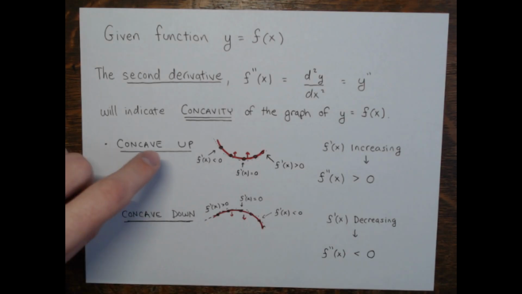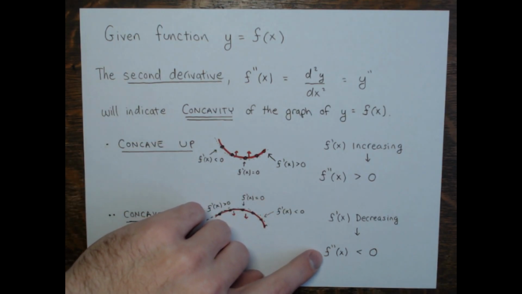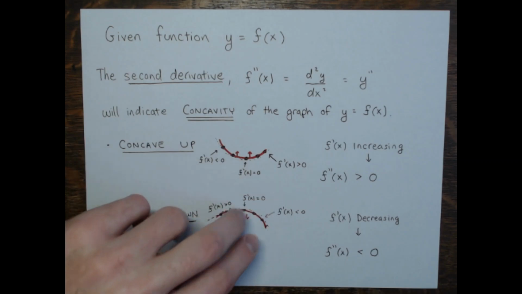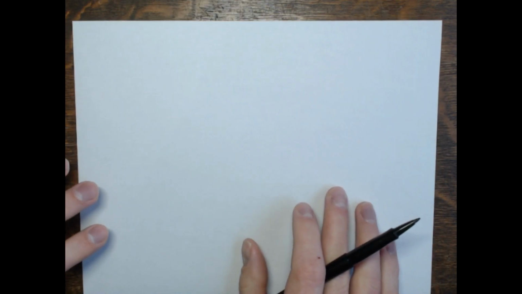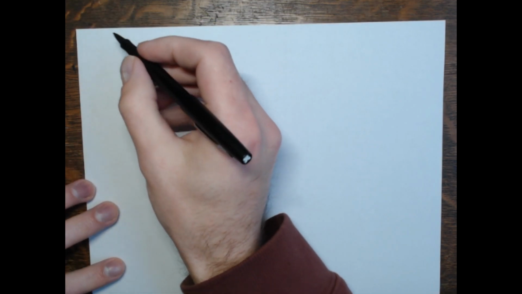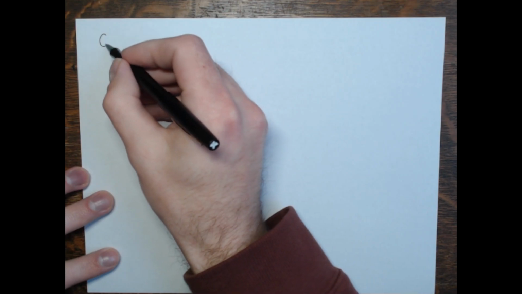All right. So now these two cases are where you have a positive second derivative or a negative second derivative. But then there's still two other possibilities: where the second derivative is zero or undefined. And those are once again going to be called critical points, but they're critical points for the second derivative.